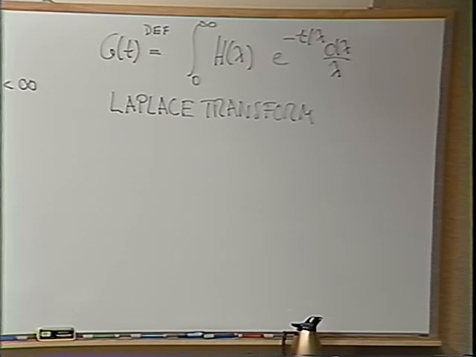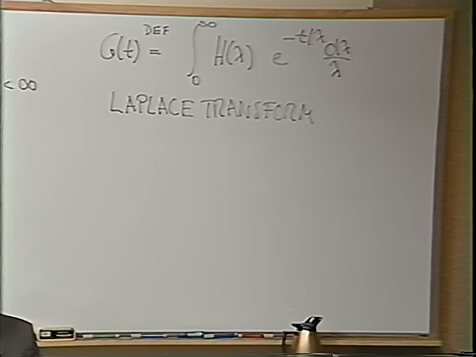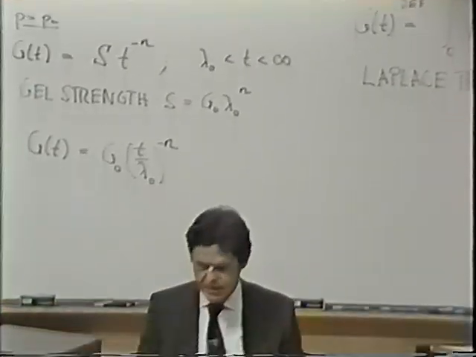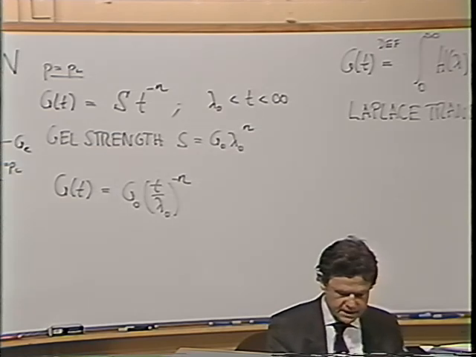We know that g of t is given by t to the minus n. And we would like to look now for the Laplace transform which gives us t to the minus n. And I prepared some material here. I brought this with me here. This is the general definition of the Laplace transform f of t.